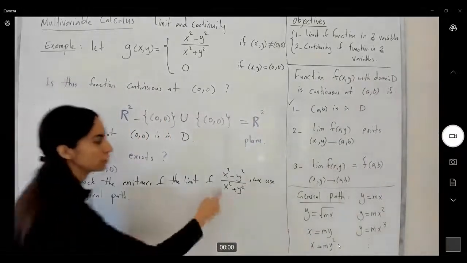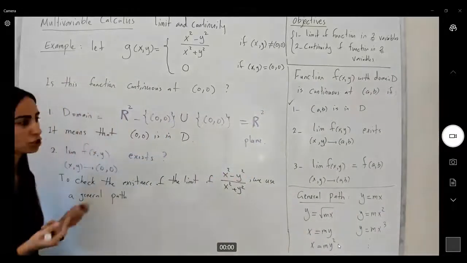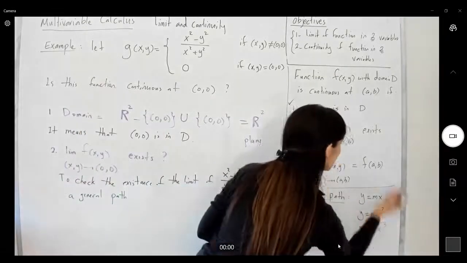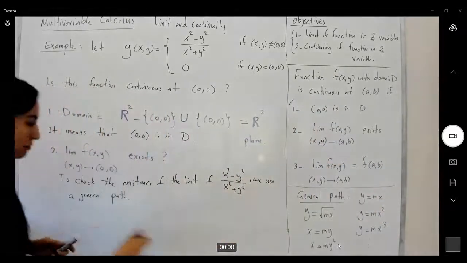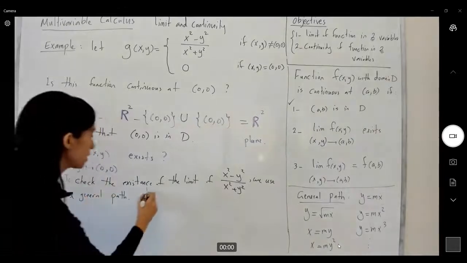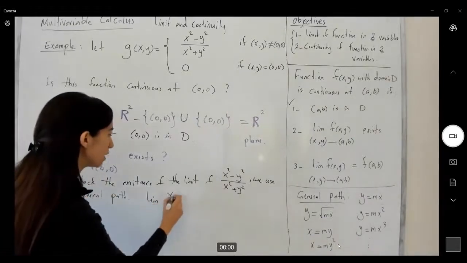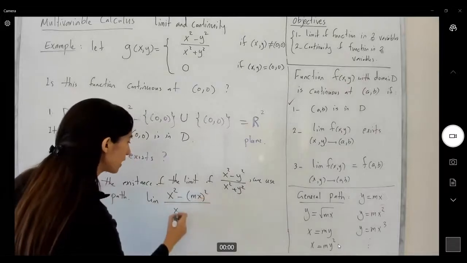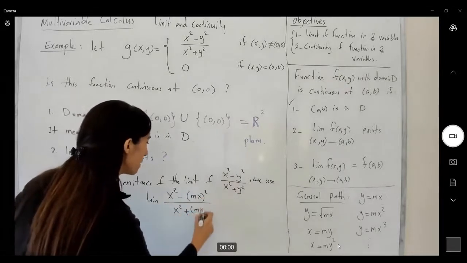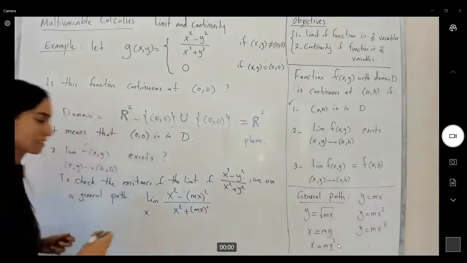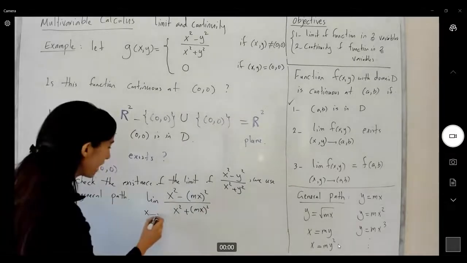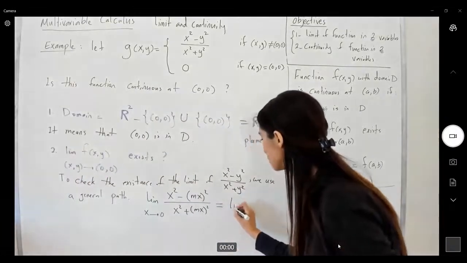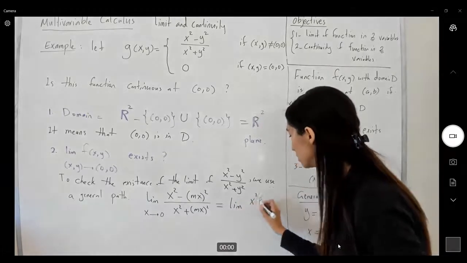So my goal is to simplify this function. Okay, I'm going to use y equals mx. The limit of x squared minus m squared x squared divided by x squared plus m squared x squared, while x, we don't have any y left, as x goes to 0, can be simplified into the limit of x squared.